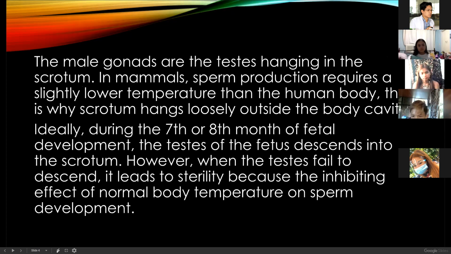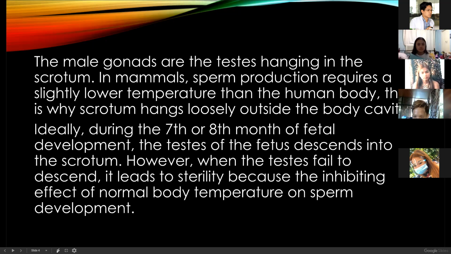The male gonads are the testes hanging in the scrotum. In mammals, sperm production requires a slightly lower temperature than the human body. That is why the scrotum hangs loosely outside the body cavity. So meaning to say, it needs a lower temperature.